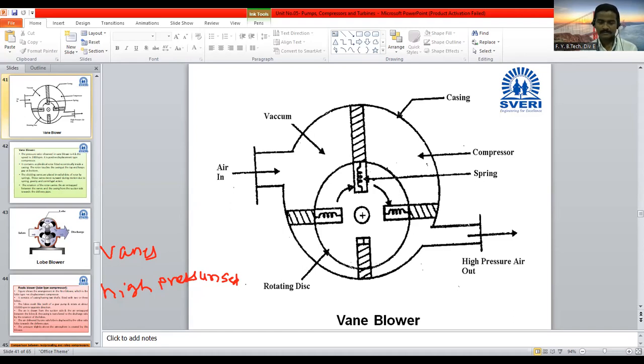Okay, so this is about the working of a vane blower. You can say vane blower compressor. लक्षात आलं?